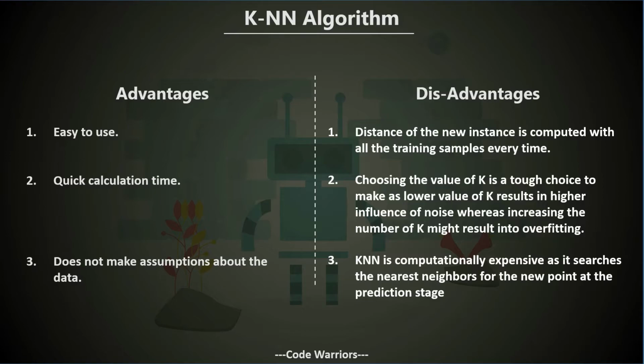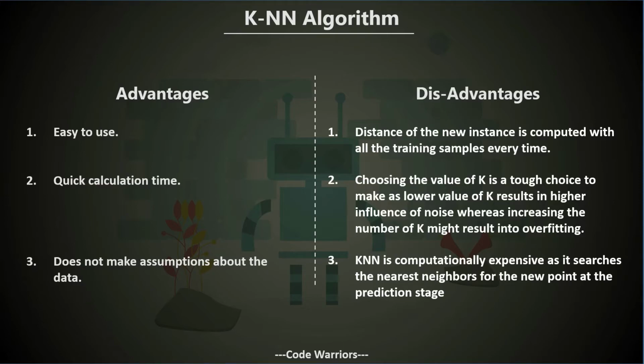So yeah, this point is very true, because the value of k is very important for the KNN algorithm to work efficiently and accurately. So we have to use the trial and error method, use different values of k and predict the output, and based on the output we will take the best possible value, so there is no case of overfitting and noise in our model, and our model works fine.